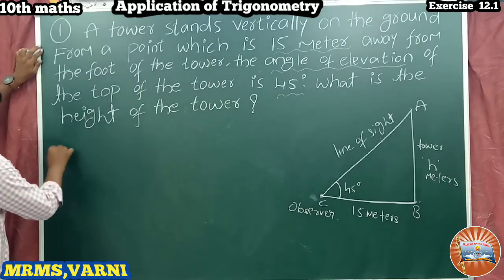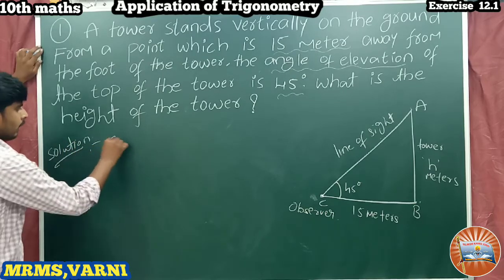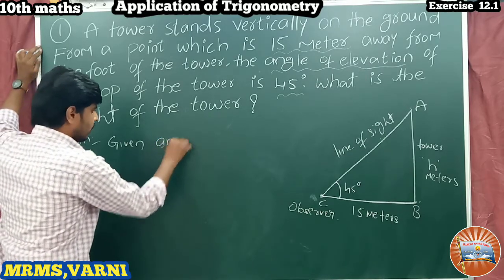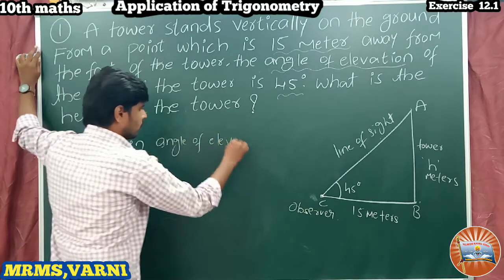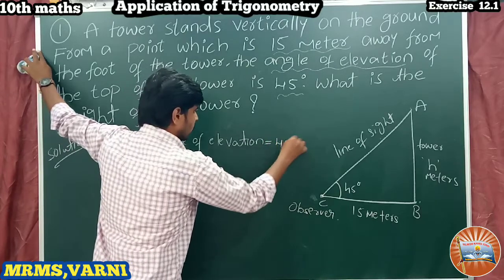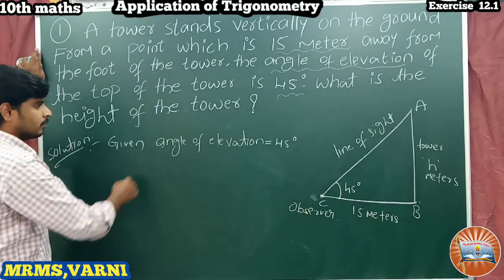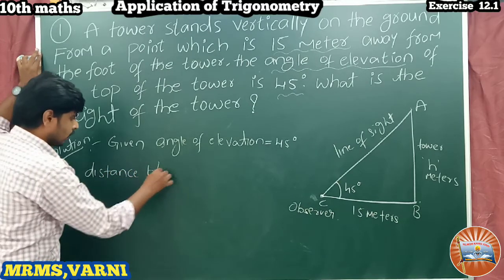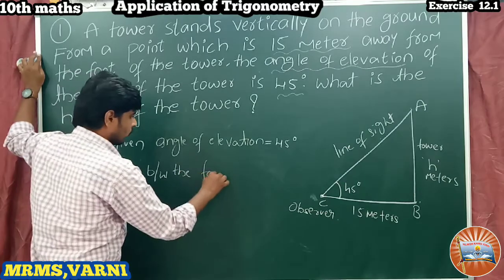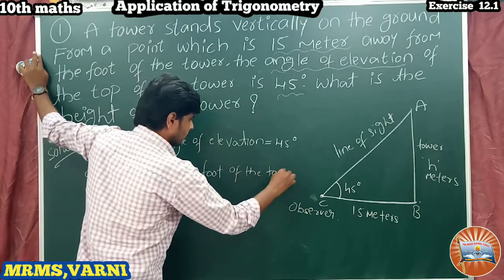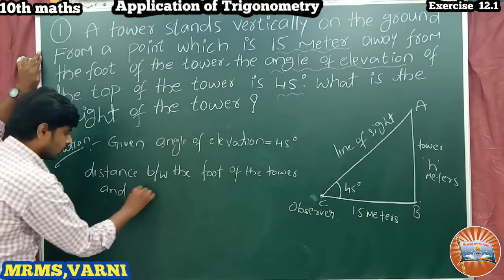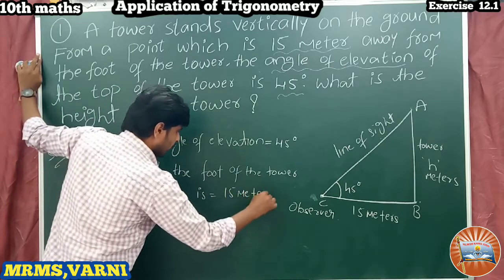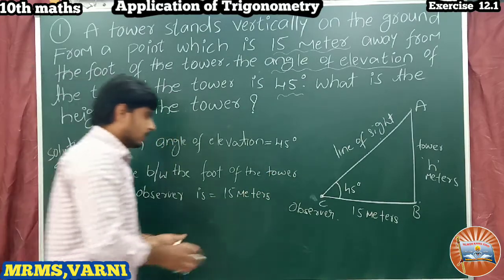Before going to that, I am going to write what is given. Given: the angle of elevation is 45 degrees, and the distance between the foot of the tower and the observer is 15 meters.